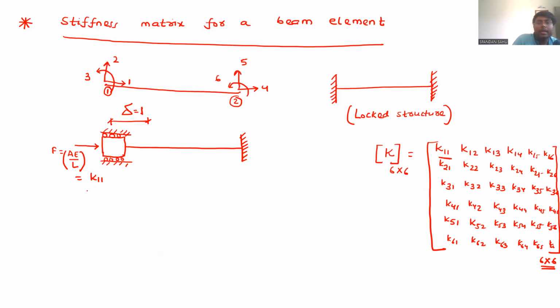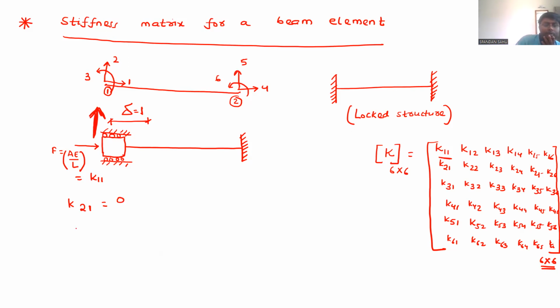Now, to determine K21, the structure will be this, but now you have to find if you need any force along this coordinate to have delta equal to 1 along 1. So what will be your K21 value? 0.